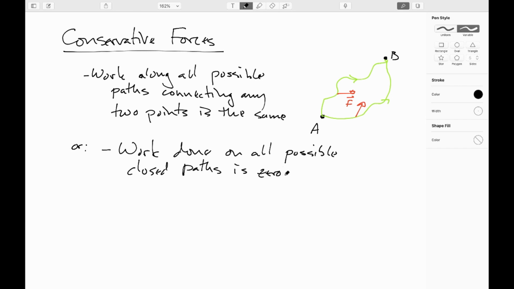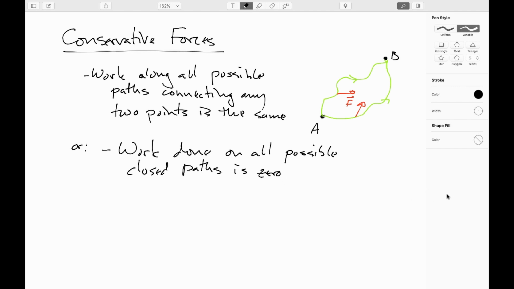I'm not going to dwell too much on this one here. The first definition will be more useful for me here. But you can show that if you choose one of these, the other one has to be true.